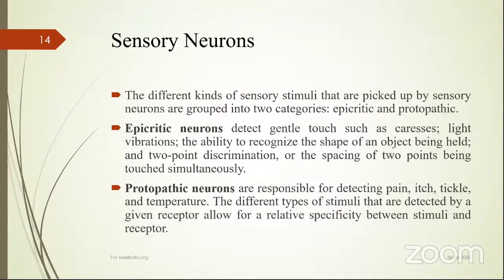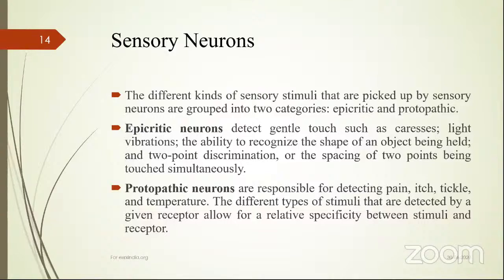Epicritic neurons detect generally gentle touch and light vibration, and sometimes the shape of the object; 2-point discrimination and all will be by epicritic neurons. Protopathic neurons mainly detect pain, itching, tickle, and temperature.